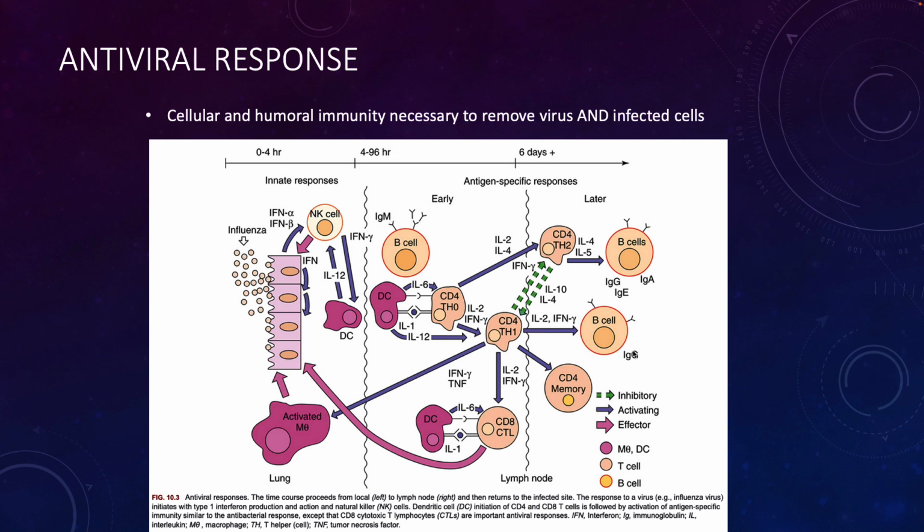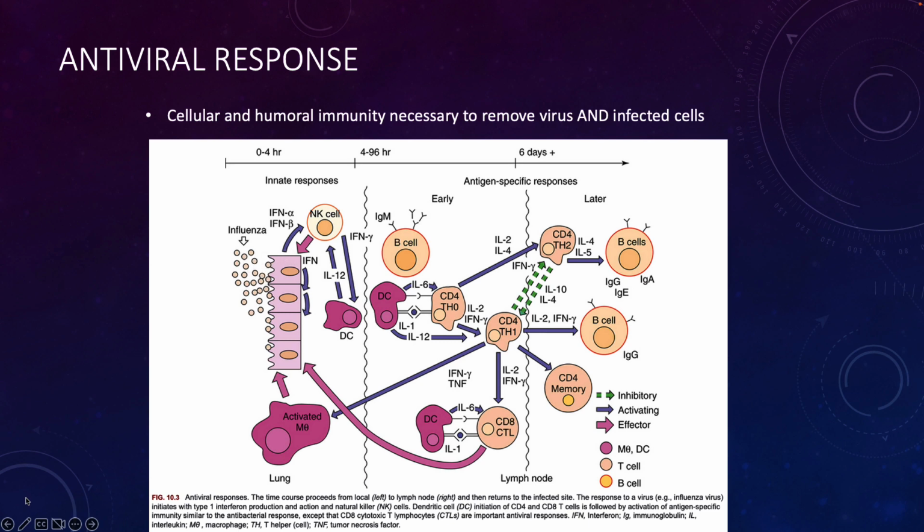Our antiviral response is going to be slightly different, so we're not going to have that type of phagocytosis that we see with the antibacterial response. One of the first things that we'll see during an early viral infection, and here what we're looking at is influenza infecting the respiratory epithelium, is the production of interferons.